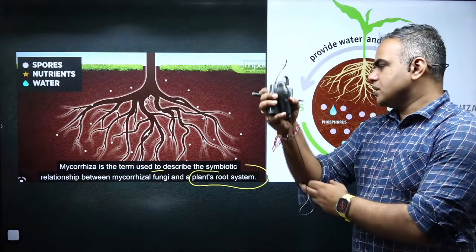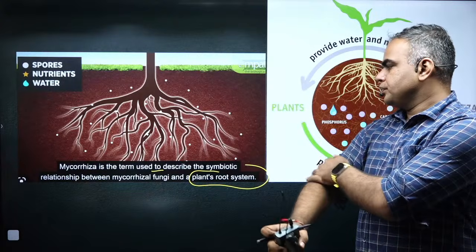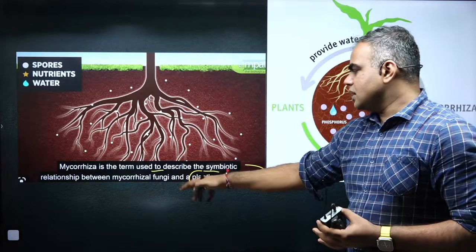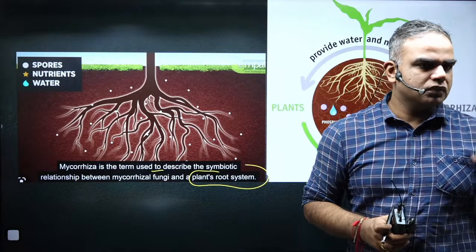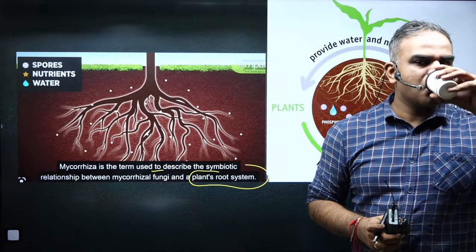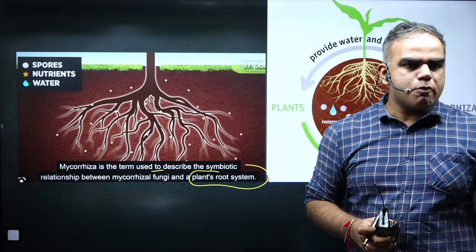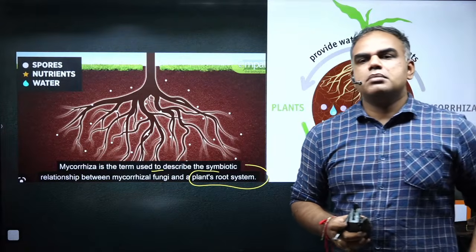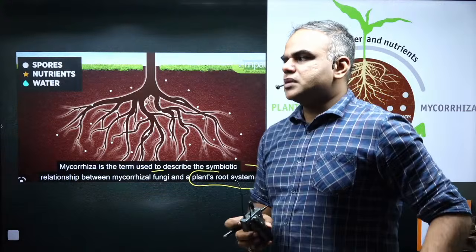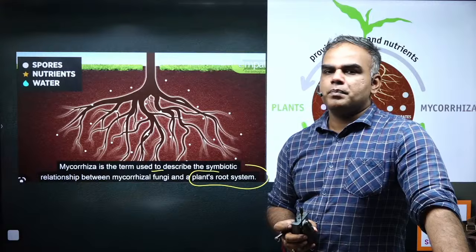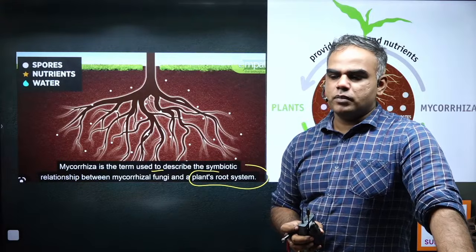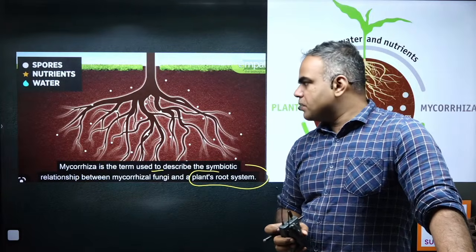Mycorrhiza is the symbiotic relationship between fungus and the roots of plants. Mycorrhiza is this association between fungus and the roots of plants.